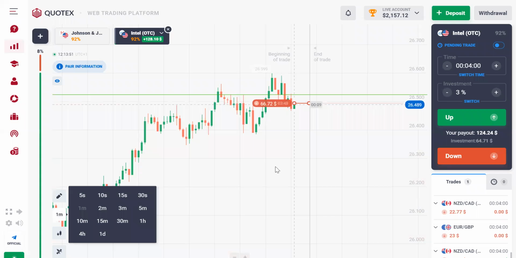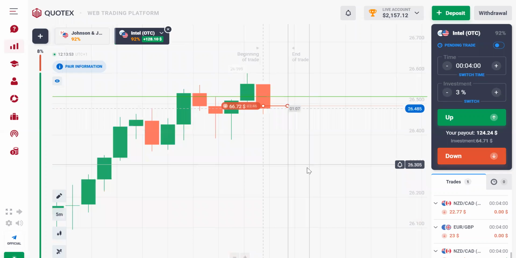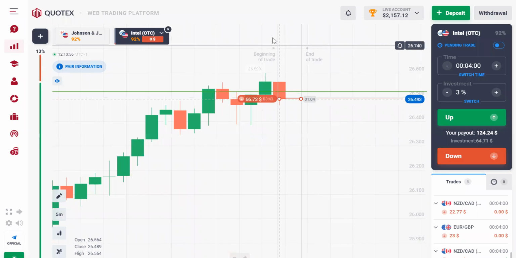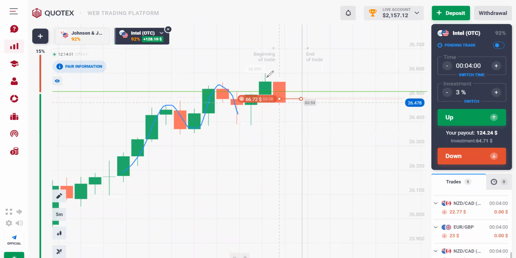Let me see what the 5 minutes chart is saying. So why I took this sell, if you observe very well, the market was giving us this higher high, higher low pattern. But now it's seeing more sellers, and the market is giving signs that it wants to come for these lower prices.